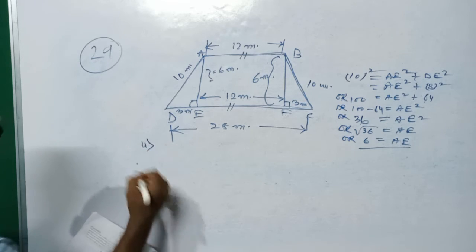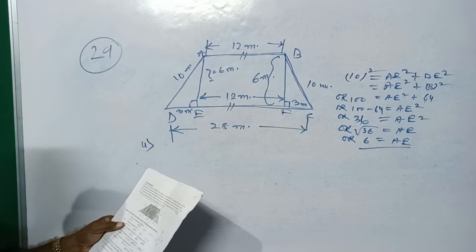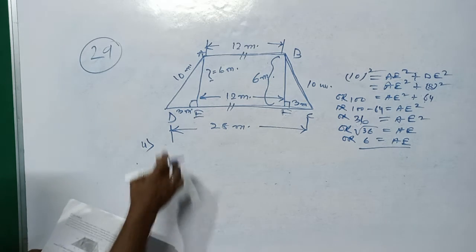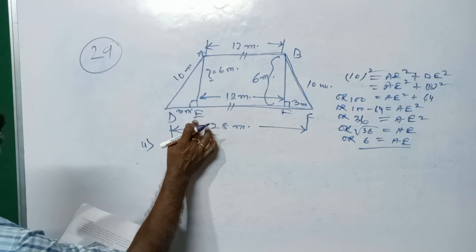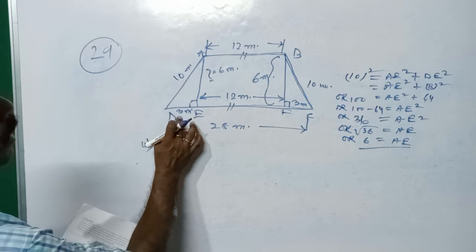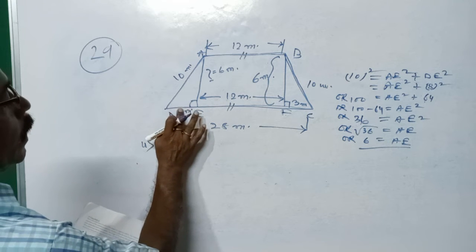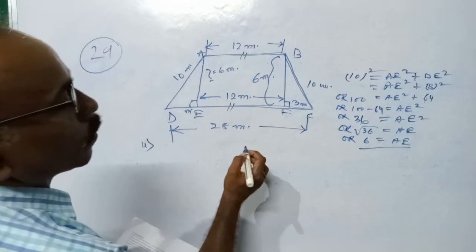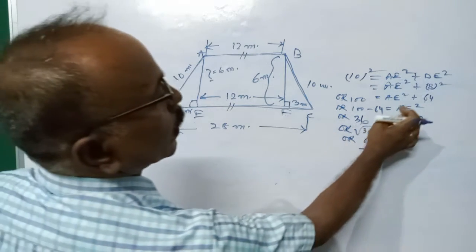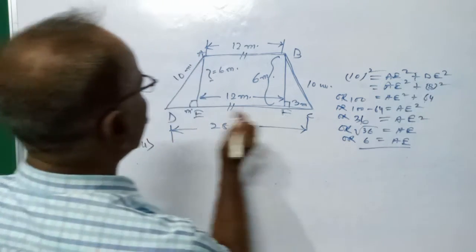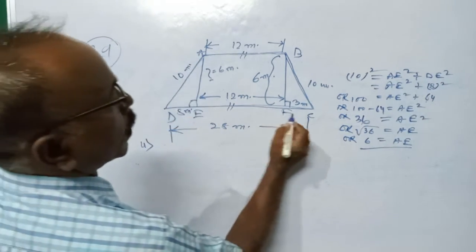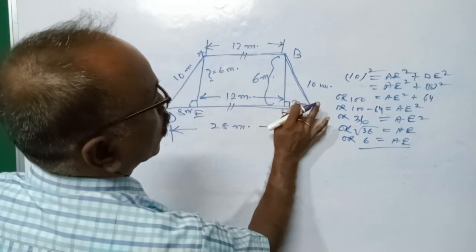Question number 2. What is the length of DE? DE. My dear student, you see DE is 3 meter. Here, sorry, DE is 8 meter. This is 8 meter, 8, not 3.